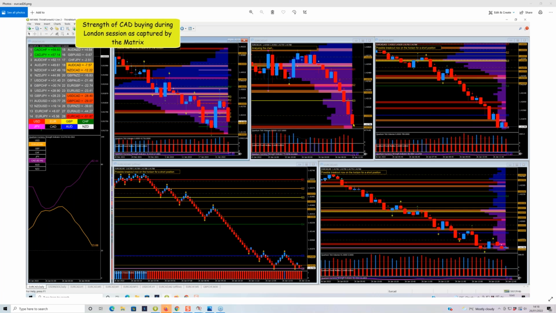Whilst there has been heavy selling of the euro against the Canadian, resulting in this really nice deep divergence, we've got equal pressure on both sides, which gives us these nice, deep, strong trends, which is what we want to see.